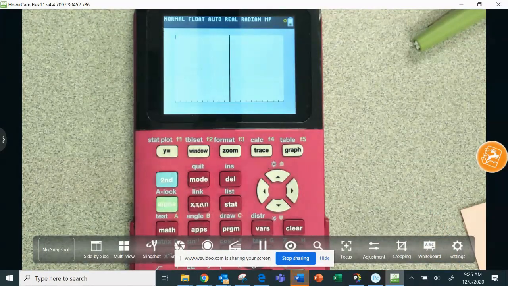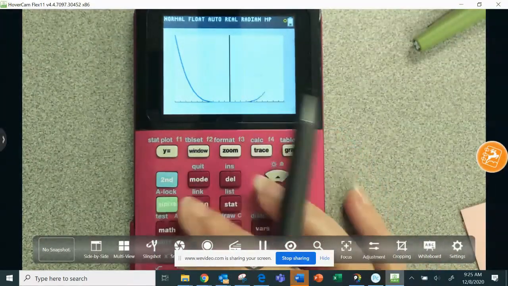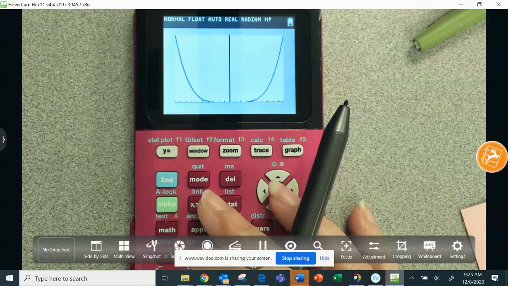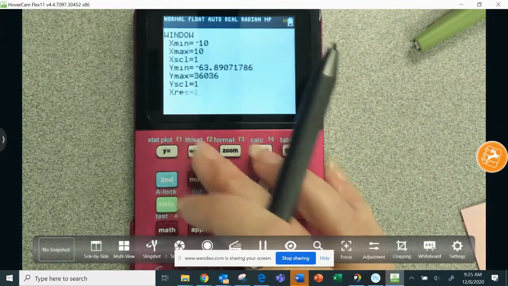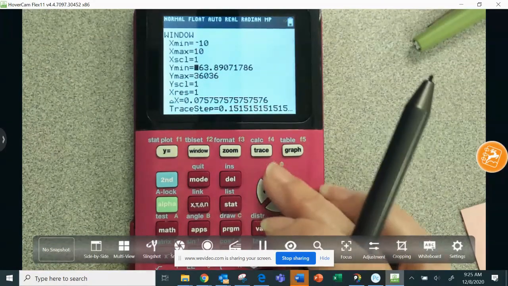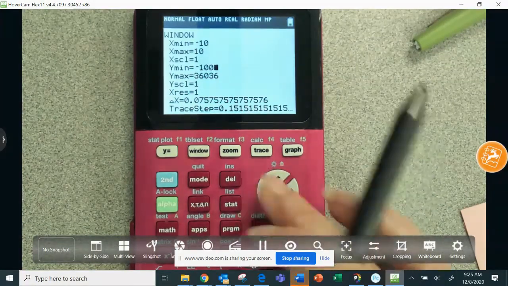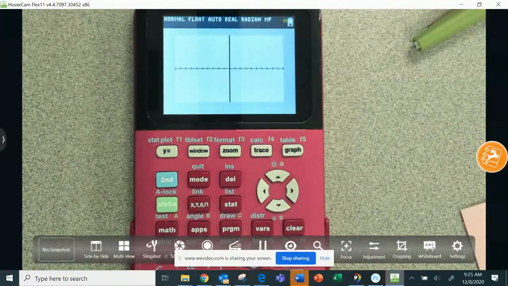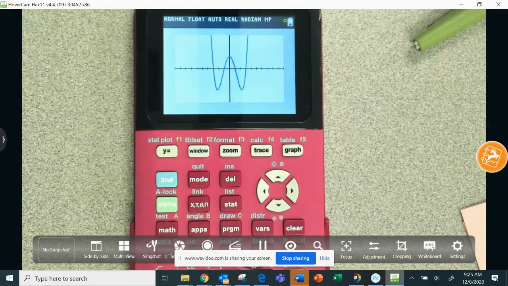I don't know if this will work, but nah, that doesn't work because now I can't see below. There we go. I just made my Y's go from negative 100 to a positive 100. Here you can see it. It's not so important about how high up and down it goes. What's important right now is that we can come up with this shape.